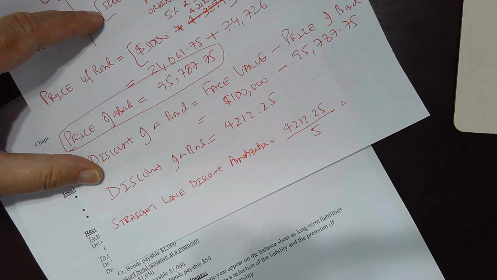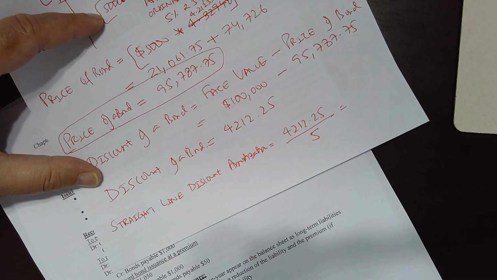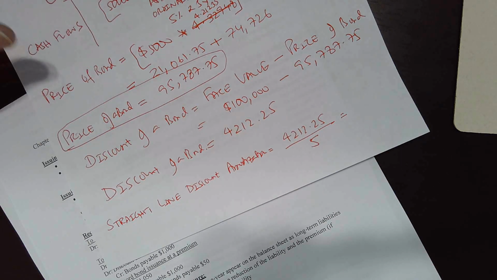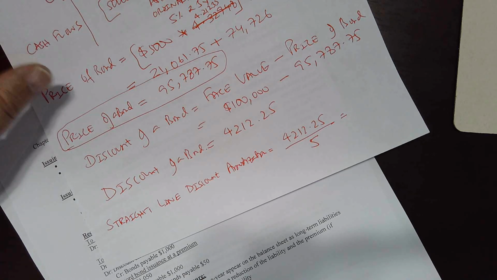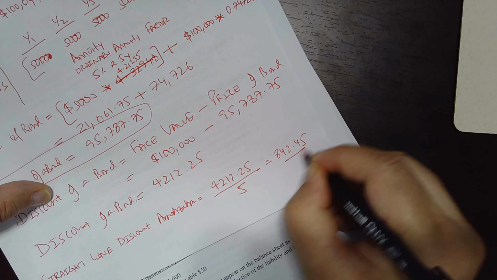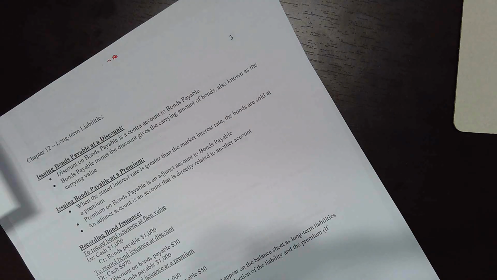So that is $4,212.25 divided by 5, which is $842.45. That's how we're going to calculate.